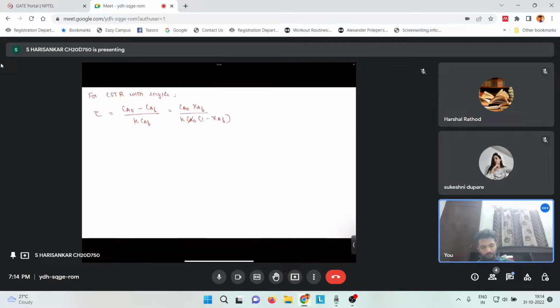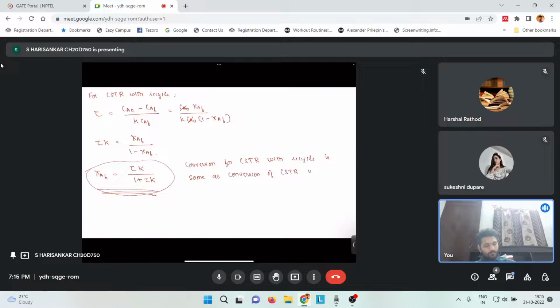CA0 gets cancelled. Tau K will be XAF by 1 minus XAF, and XAF will be tau K by 1 plus tau K. So this is same, the conversion for CSTR with recycle is same as the conversion of CSTR without recycle, right?